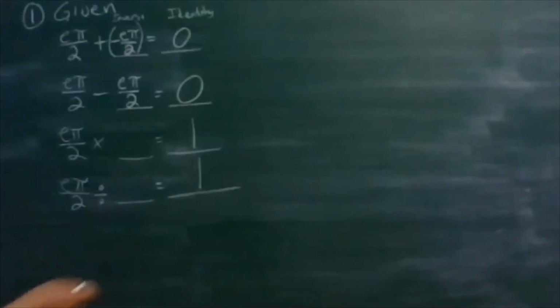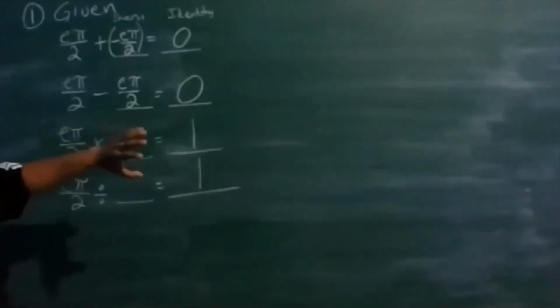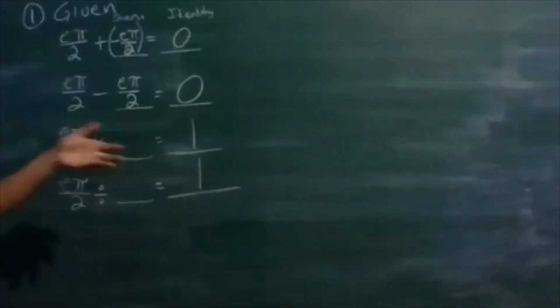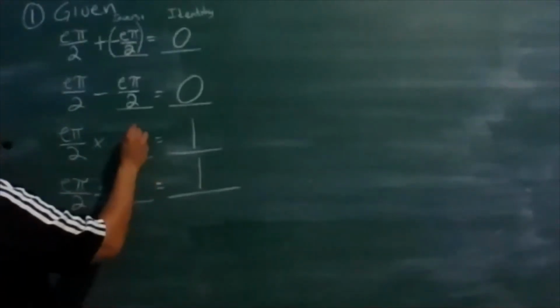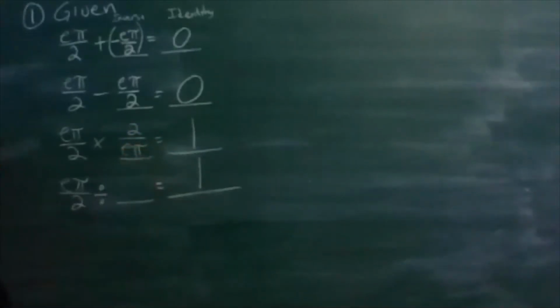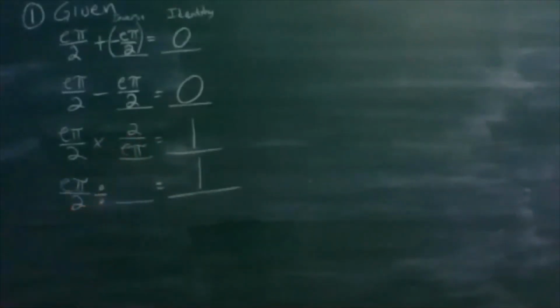Remember? 1 over the number. Now, if you have a fraction and you put it underneath 1, what happens is it reciprocates. It will flip over. It will invert itself. So this will be 2 over e pi. So it flips over if it's a fraction.